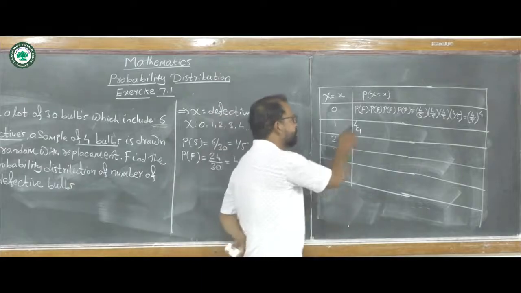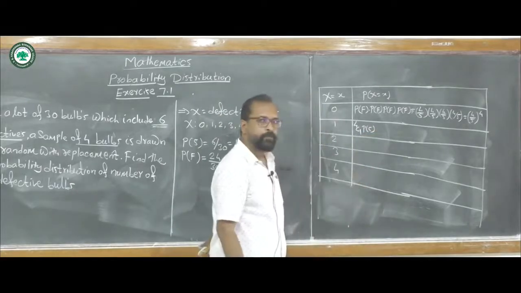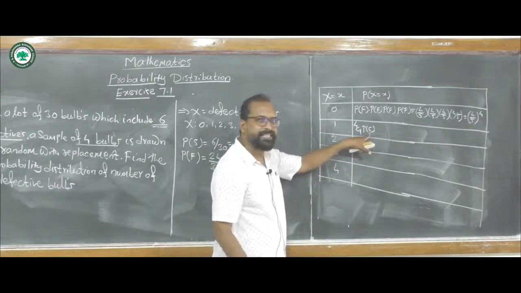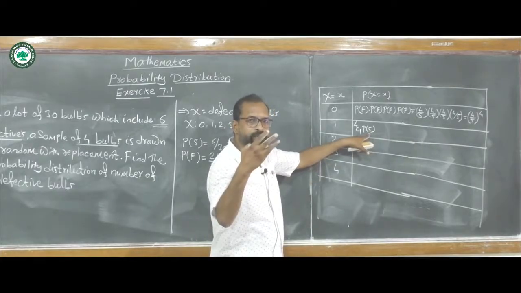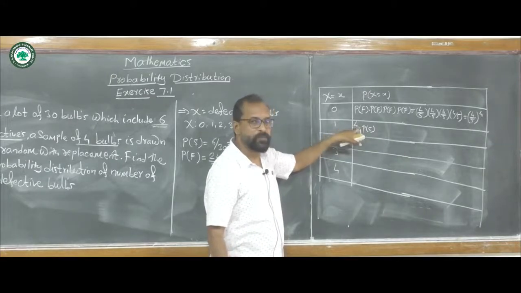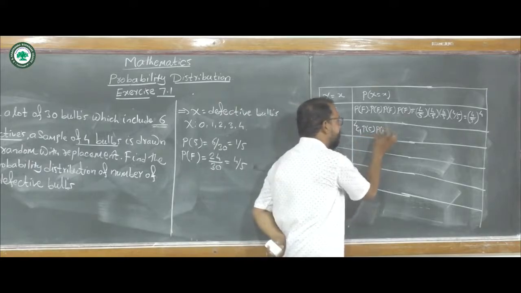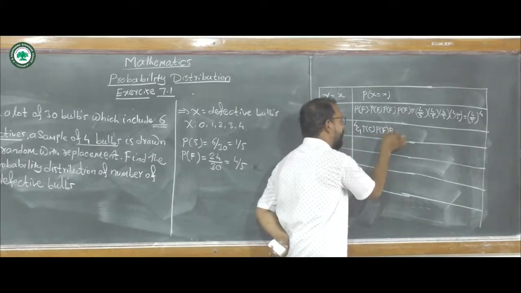So it becomes 4C1 into probability of success into probability of failure, 3 failures.